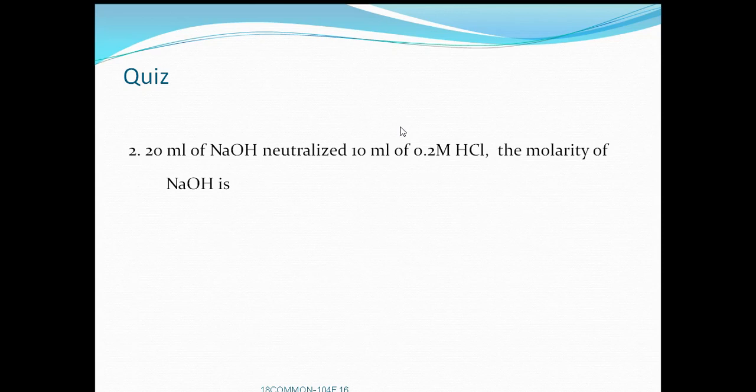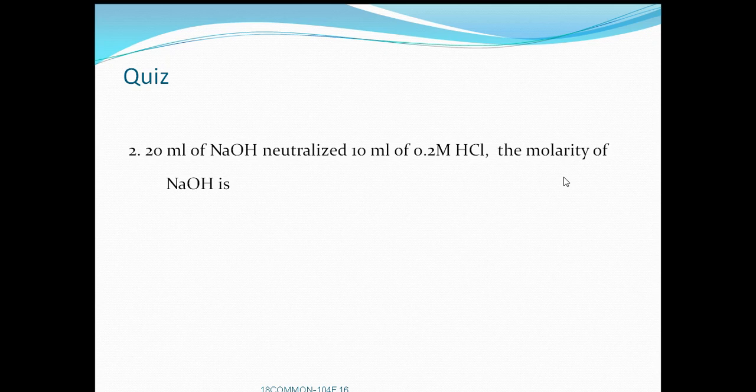Another question I'm giving. Second question: 20 ml of NaOH neutralizes 10 ml of 0.2 M HCl. The molarity of NaOH is? So what is the question? Here volume 20 ml, next 10 ml, concentration 0.2, and the other concentration we have to calculate.